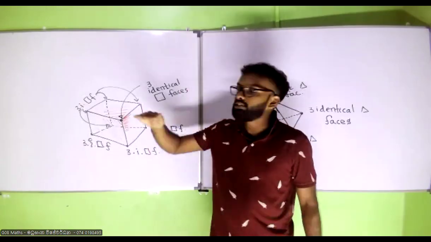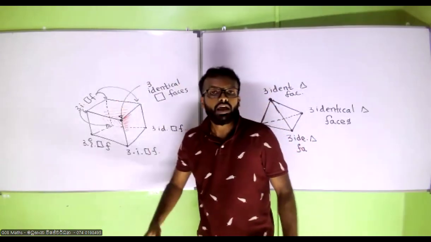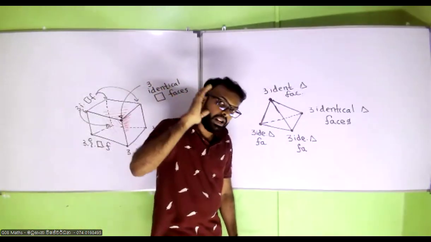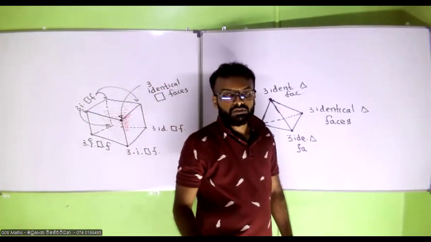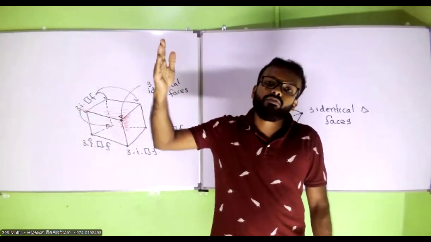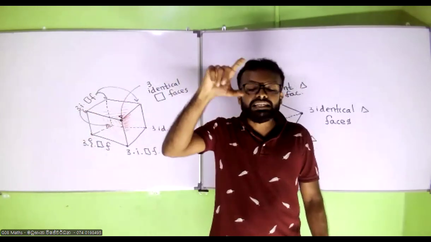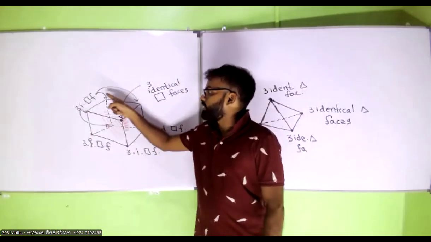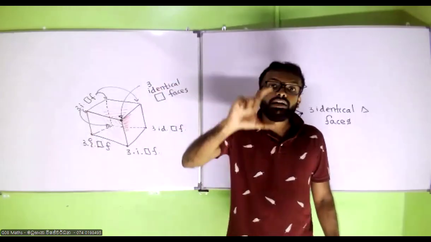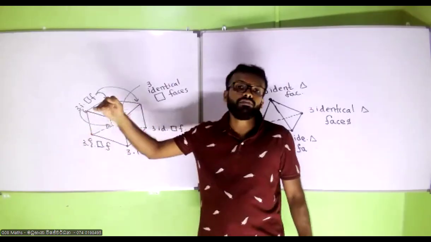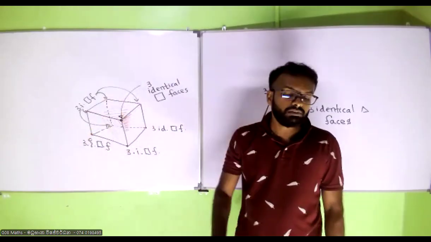So we are calling this cube a platonic solid, and as well as that, we are calling this tetrahedron a platonic solid, because we have an identical number of faces meeting at each and every vertex. Keep that in your mind.